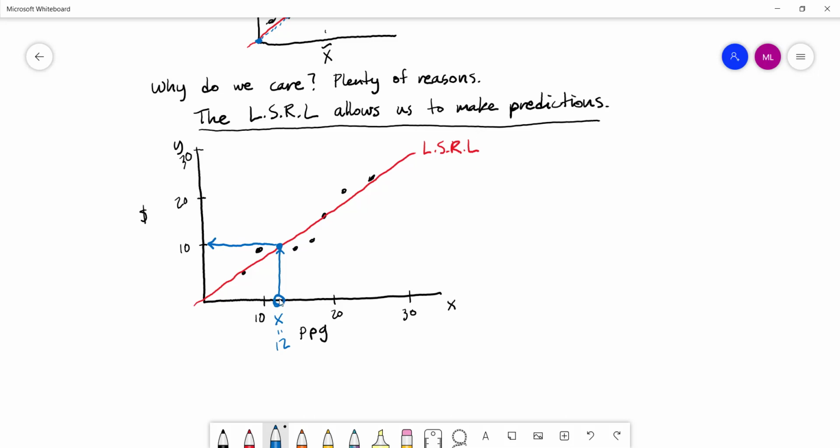We can use this to make predictions where data doesn't exist. We have a handful of points, but what if we want the information between points? That is the whole point of the least squares regression line.